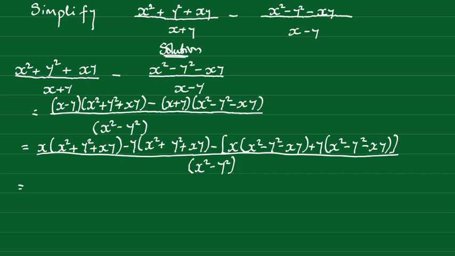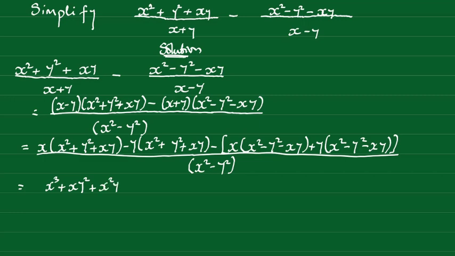x times x squared, we have x cubed. x times plus y squared, we have plus xy squared. Then x times plus xy, we have plus x squared y.